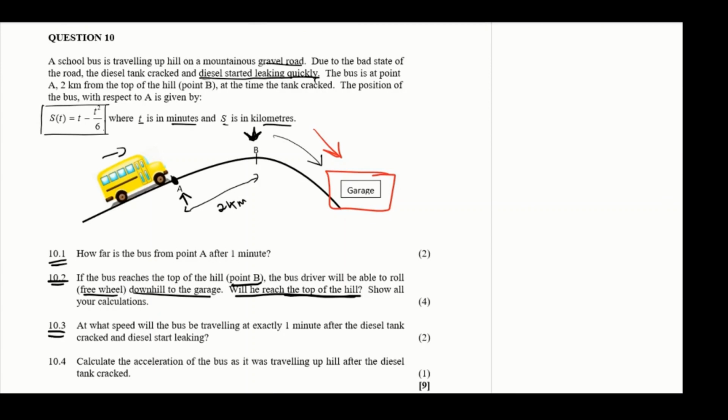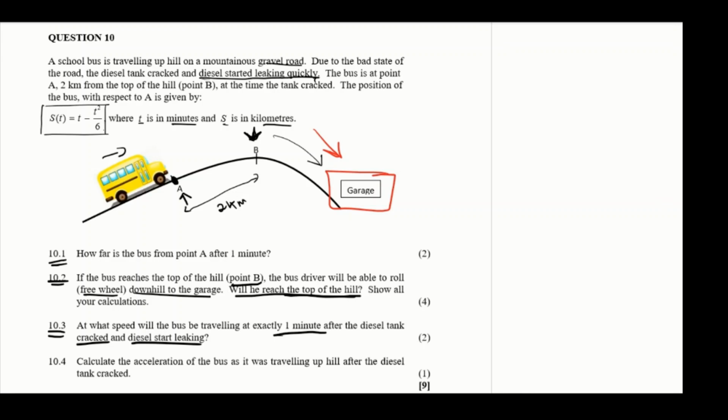Question 3: At what speed would the bus be traveling at exactly 1 minute after the diesel tank cracked and started leaking? So we want to know the speed at which this bus is going to travel if the time is 1 minute.